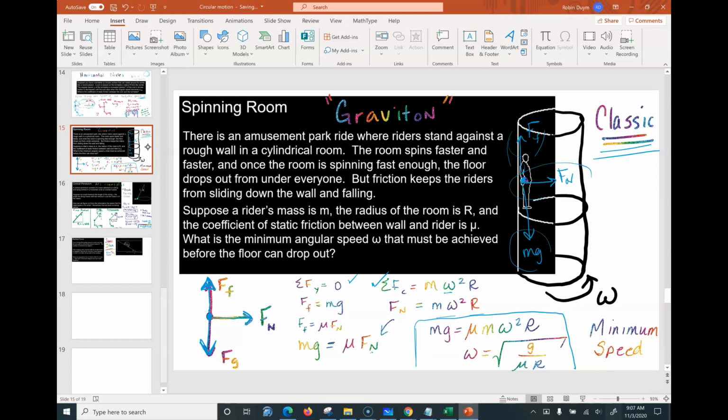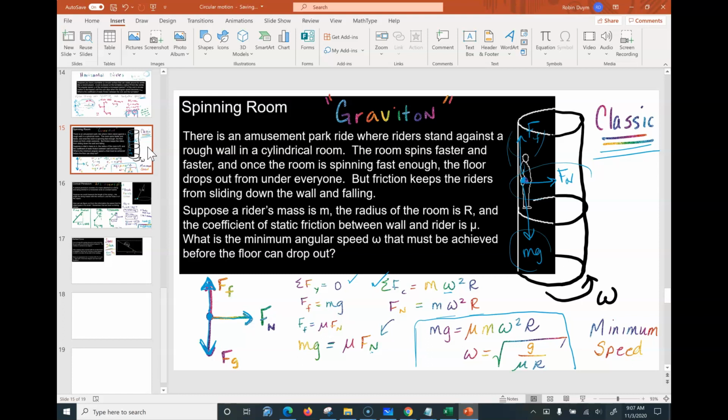So your minimum speed depends on just two things: the material that the walls are made out of, because that's going to determine your friction, and how big of a circle this ride is. So if you increase the size of the ride, if it's a huge circle, then your omega can actually go slower. But if it's really tiny, you better be moving super duper fast, right?